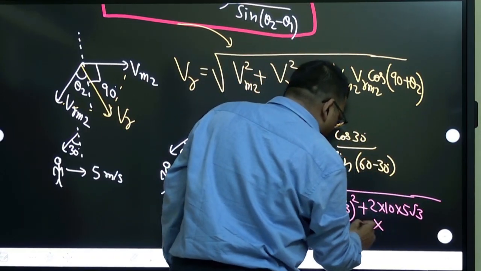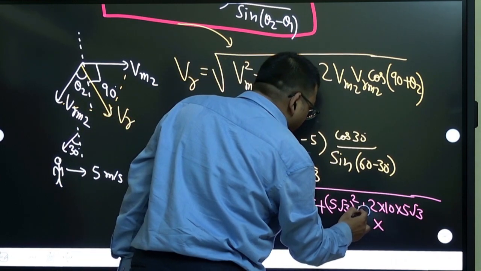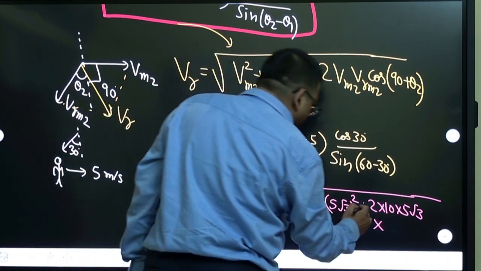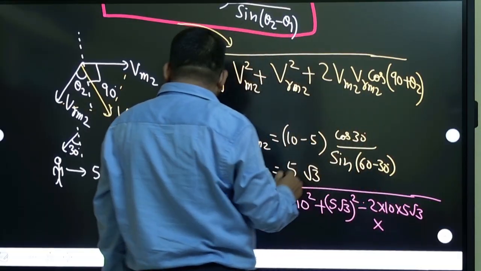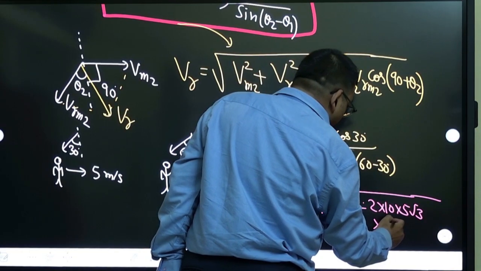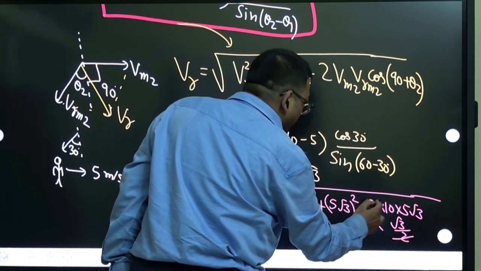So it will become minus sin theta 2. Theta 2 is 60 degrees, that is sin 60 degrees is root 3 by 2. Now this 2 will get cancelled.